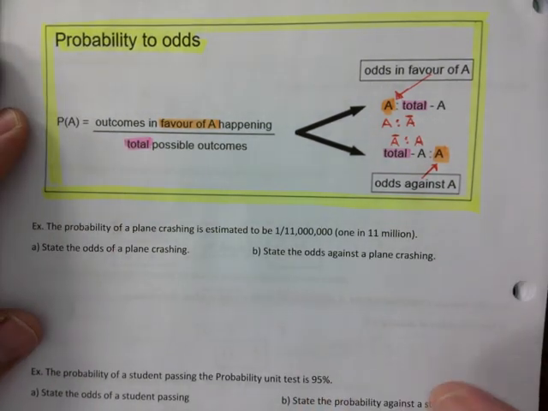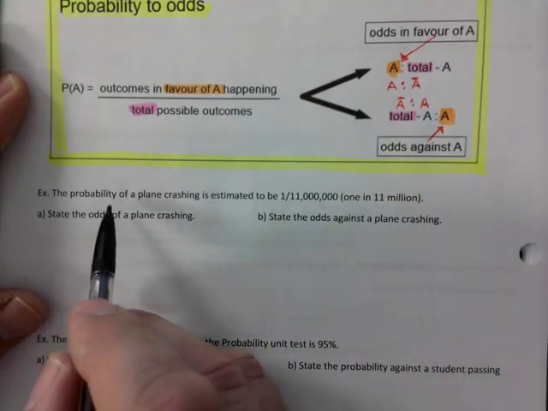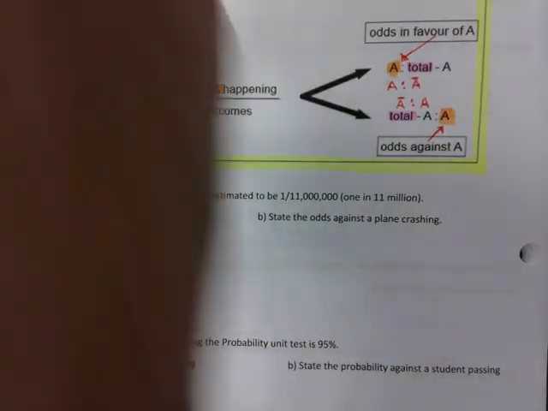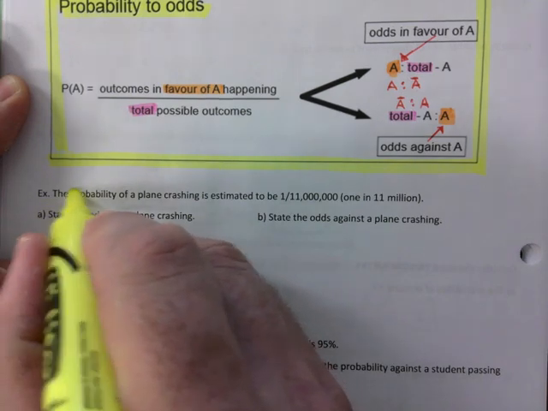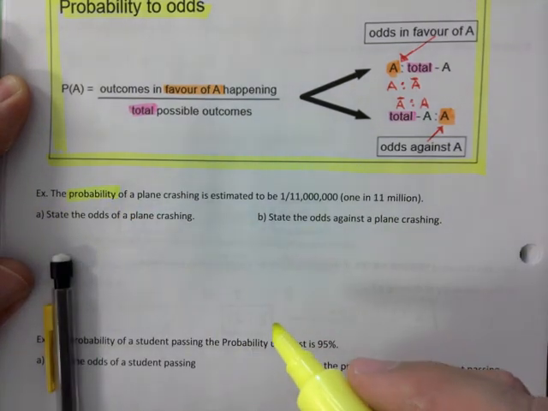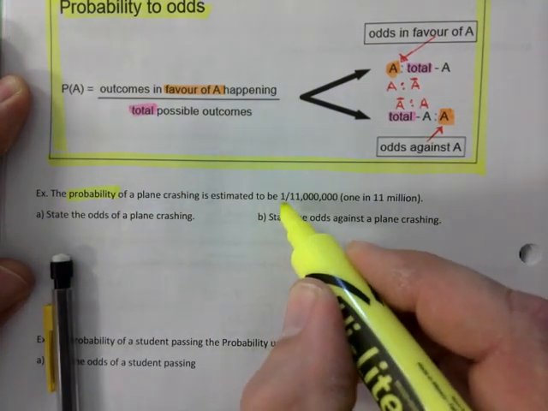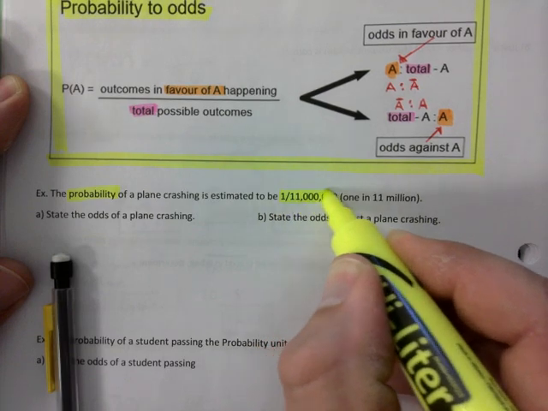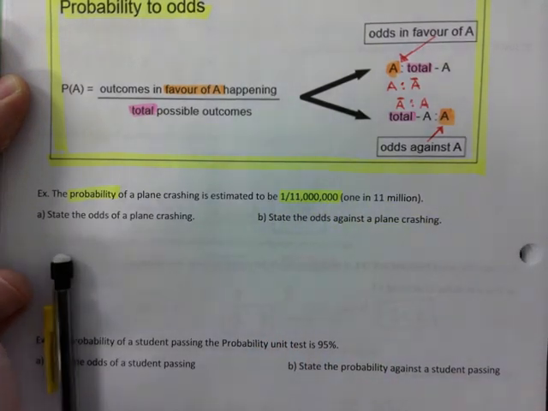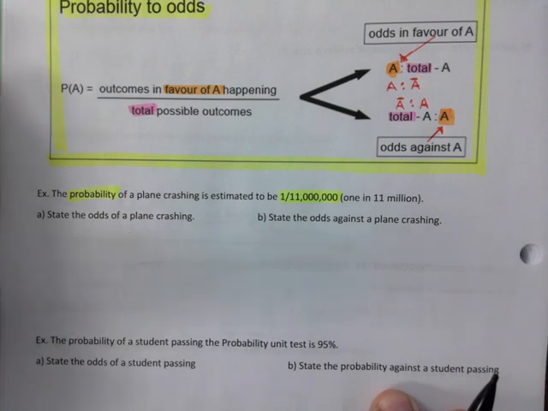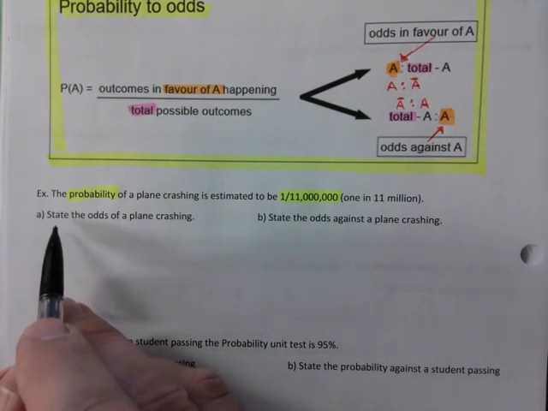Okay. All right. So here we go. The probability, very important, of a plane crashing is estimated to be 1 over 11 million. I just got these online. I don't know how accurate they are, to be honest. You can't trust Google these days.